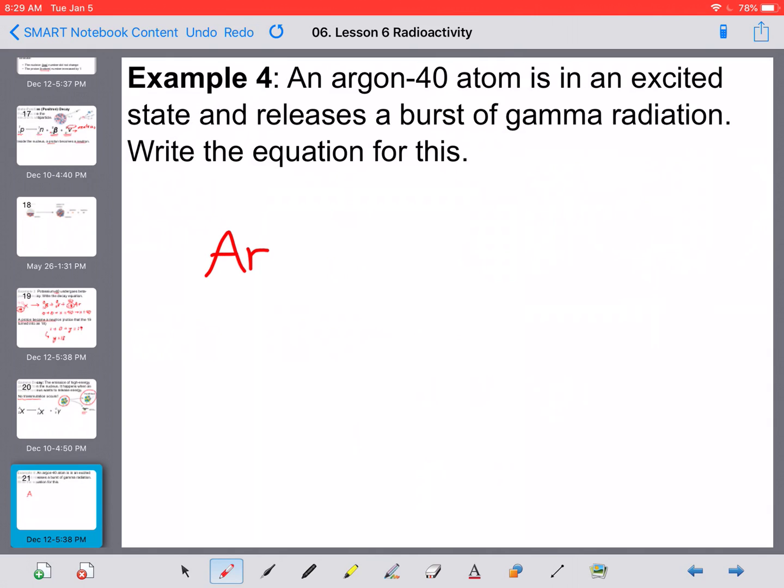So argon, top number is 40, bottom number is 18. It's going to release a gamma particle, and there's the symbol for gamma. Now notice, okay, because the numbers for gamma particle are both zeros, the numbers on the daughter product are not going to change.